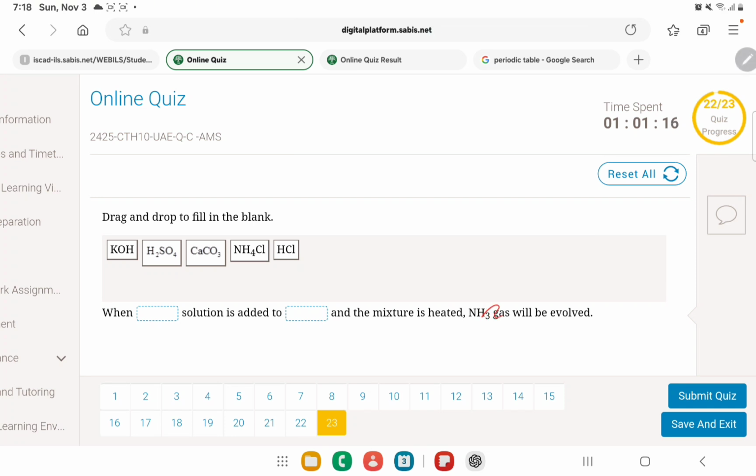Here they said heated only, they didn't add aluminum powder, so it's going to be NH4 and NaOH. So which one of these has, okay, first OH, so KOH and NH4, KOH and NH4.